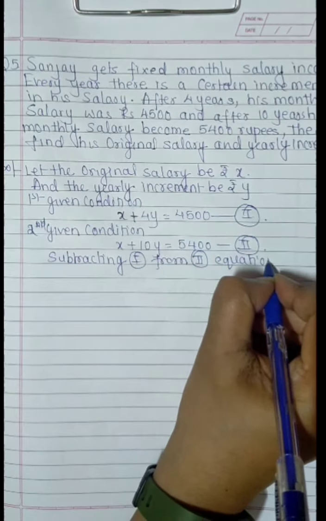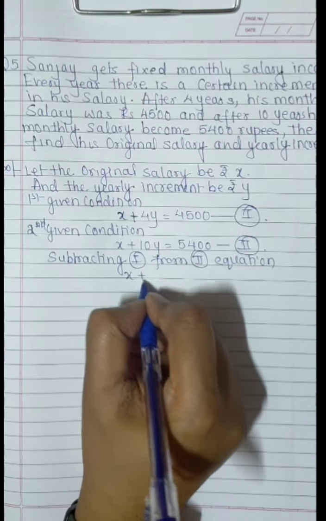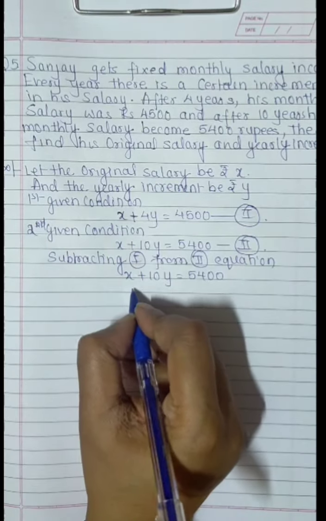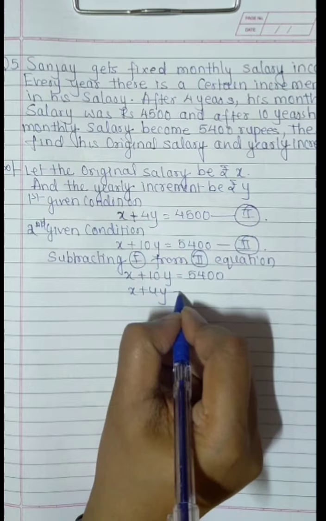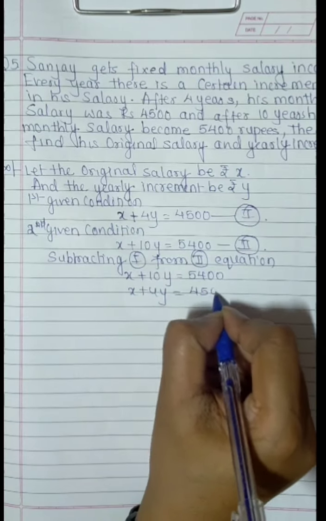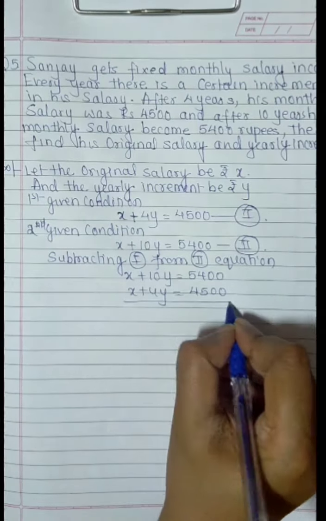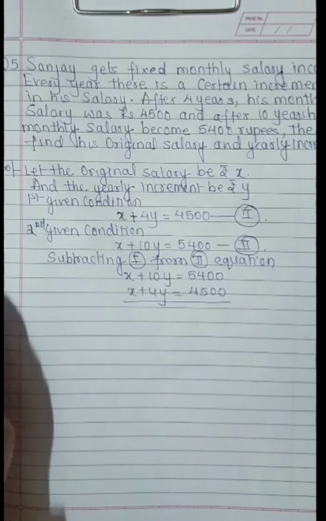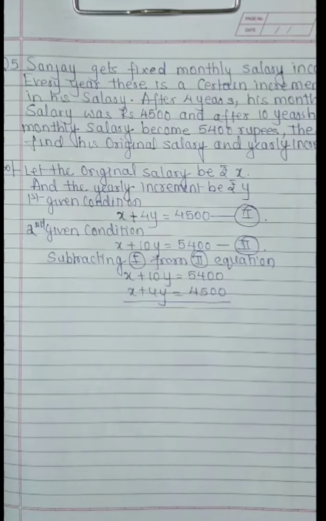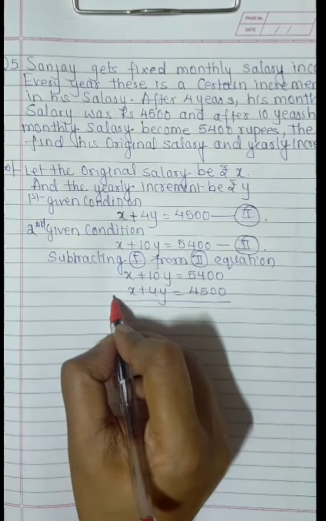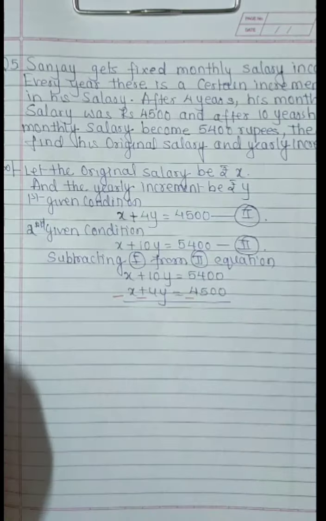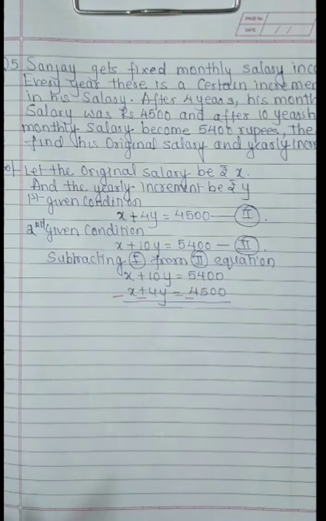So I am writing x plus 10y equal to 5,400, x plus 4y equal to 4,500. Now we are going to subtract. Here we are going to change the sign. So here minus will come, here minus, here also minus. So we have changed the sign.